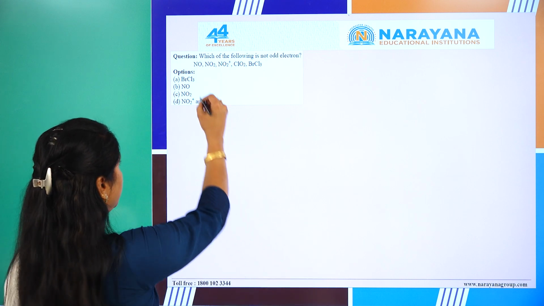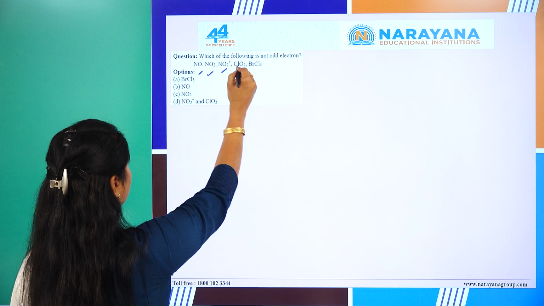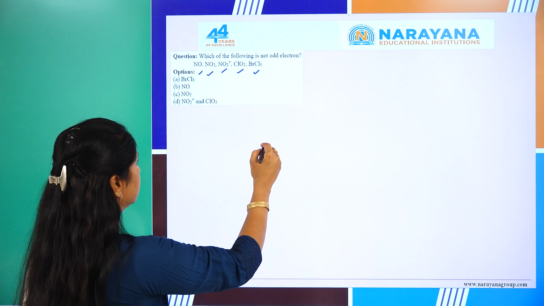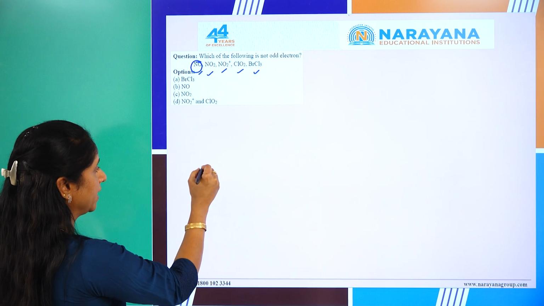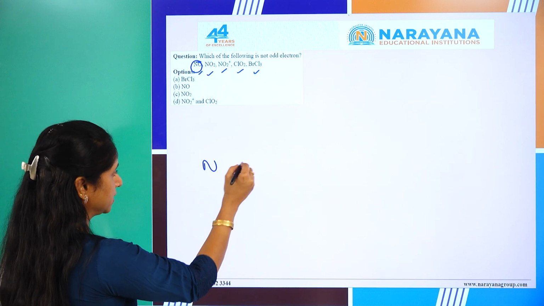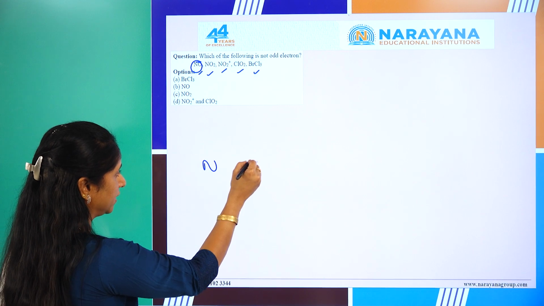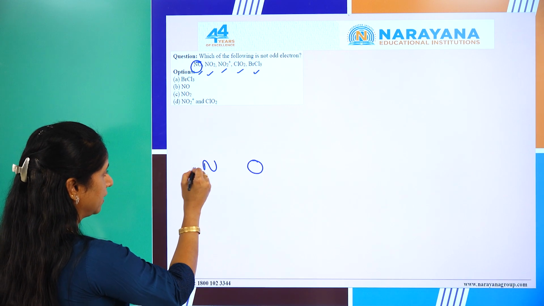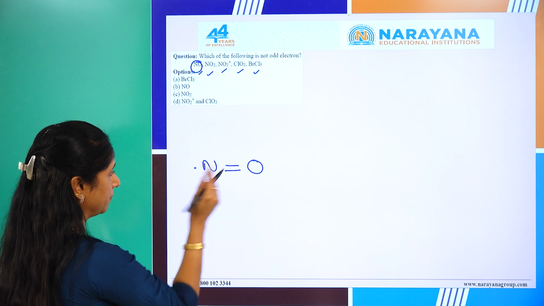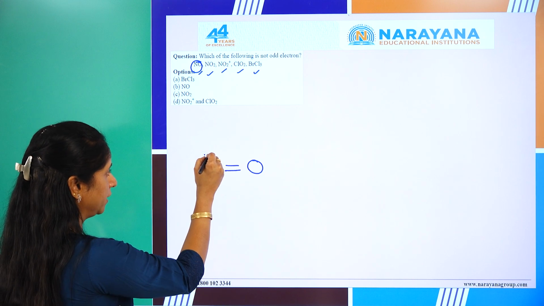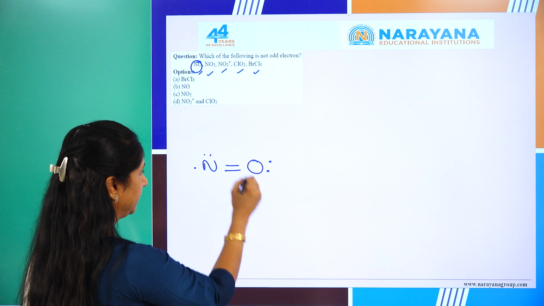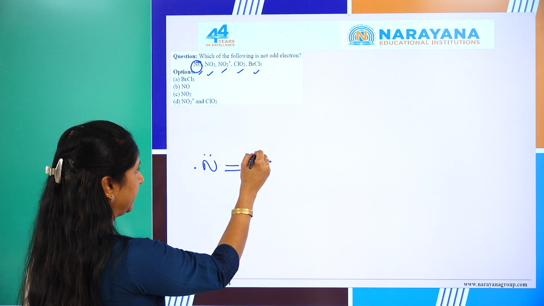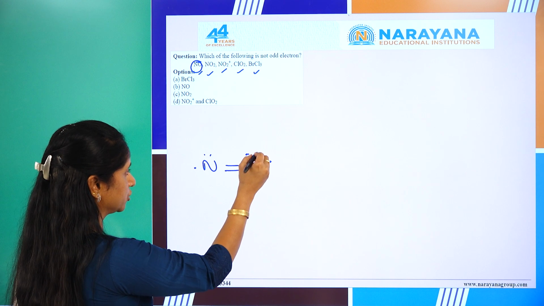Out of the given species NO, NO2, NO2 plus, ClO2 and BrCl3, you have an odd electron in NO. Around the nitrogen you can write 2s2, 2p3. Observe, 2 electrons form a sigma bond, a pair of electrons with oxygen. Of course you can write resonating structures to this.